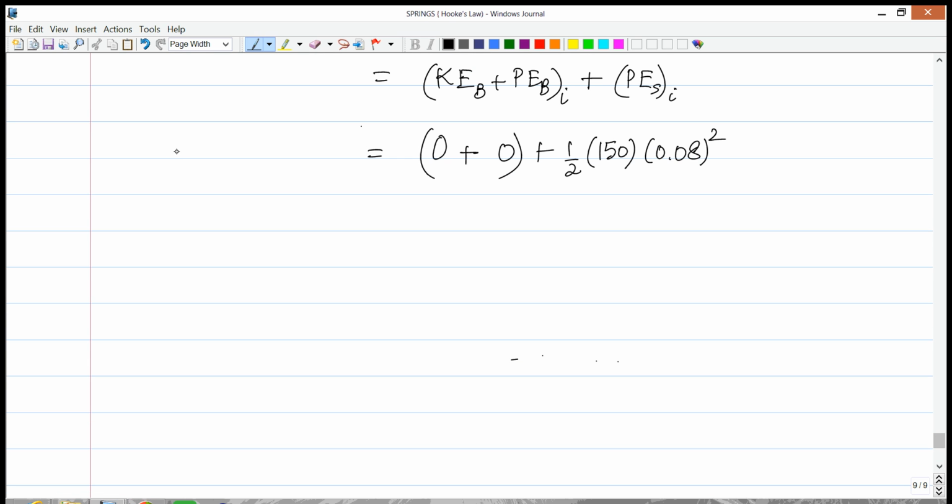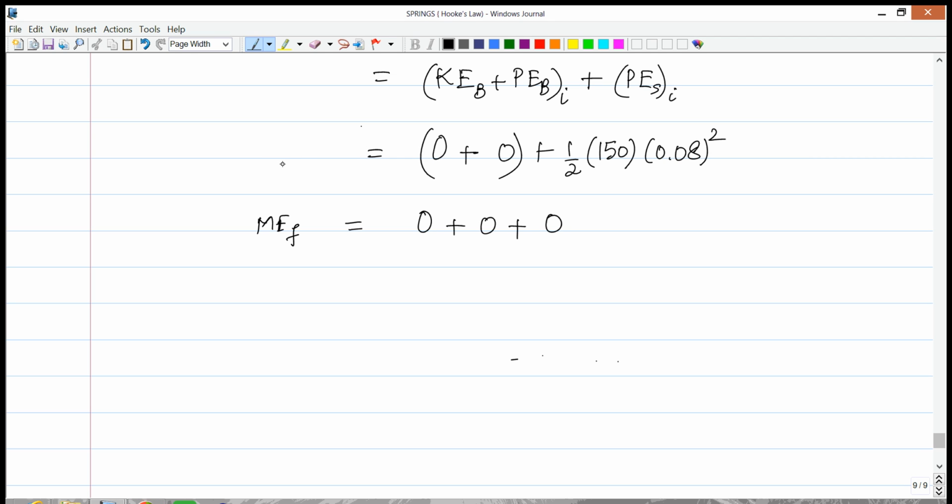Now, let's figure out what happens at the end. In the end, the block has stopped moving, so it has 0 kinetic. Its potential is 0. And the spring is no longer compressed or stretched, so the spring also has 0. So the mechanical energy final is simply 0 plus 0 plus 0.